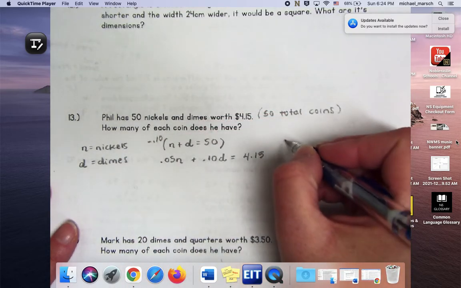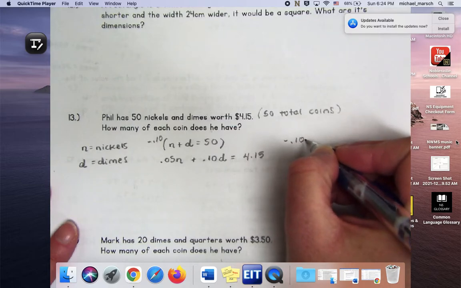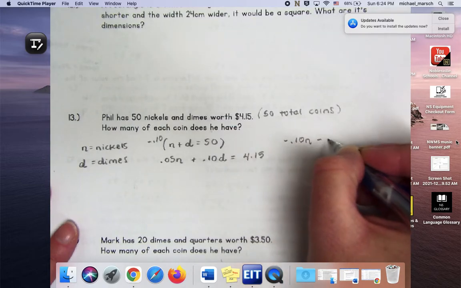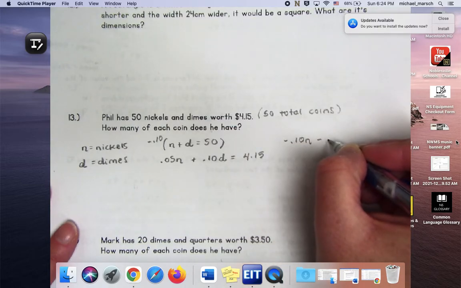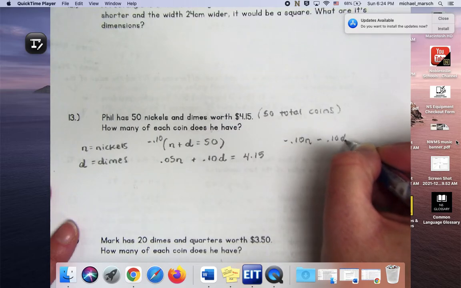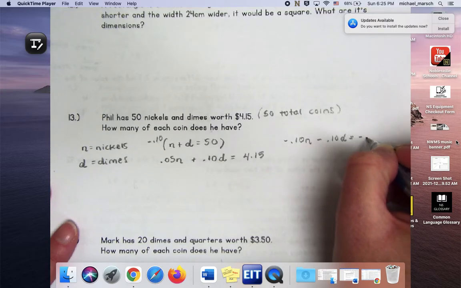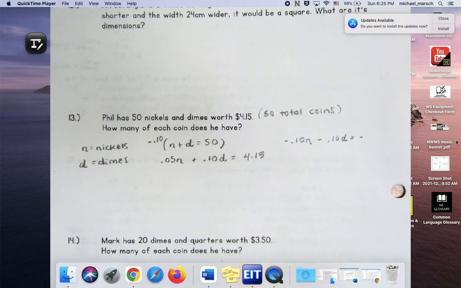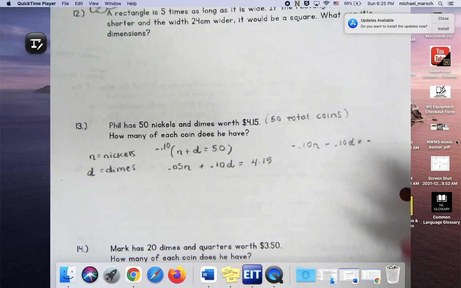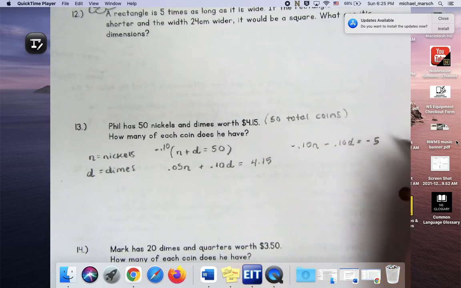Okay, so now I've got negative 0.10n minus 0.10d equals, let me make sure I do this right. I think it's 0.5. Yep, equals negative 5. Not 0.5.